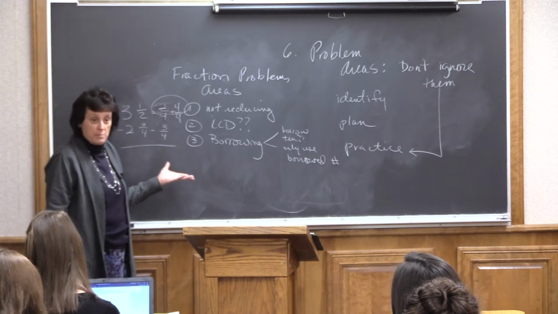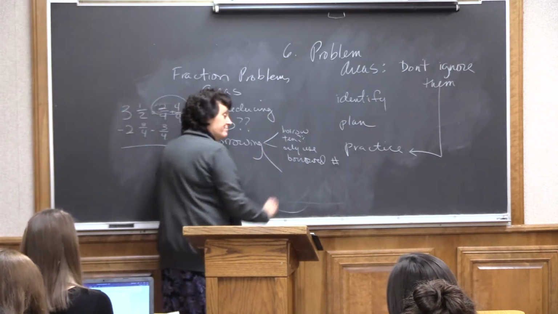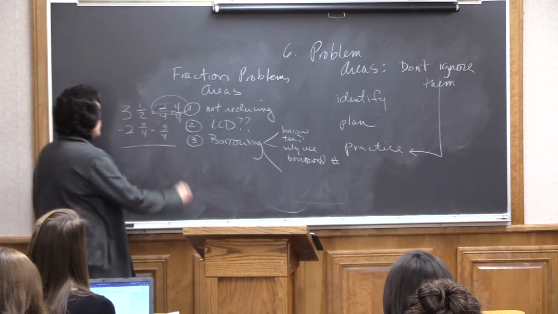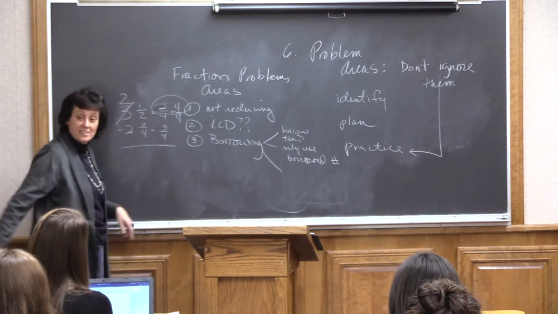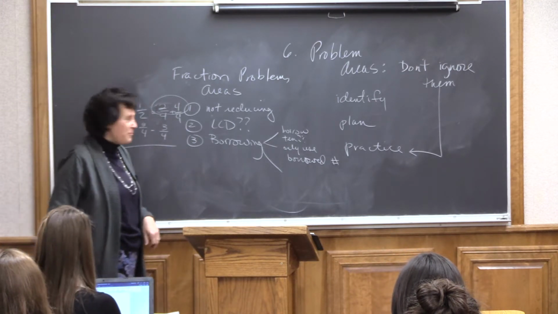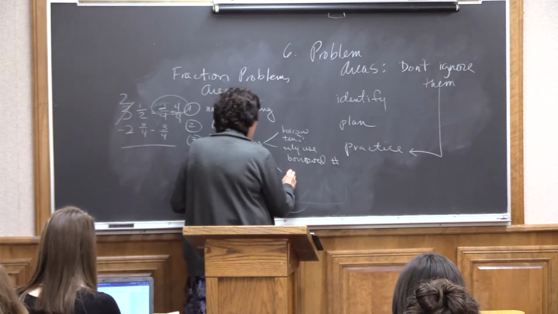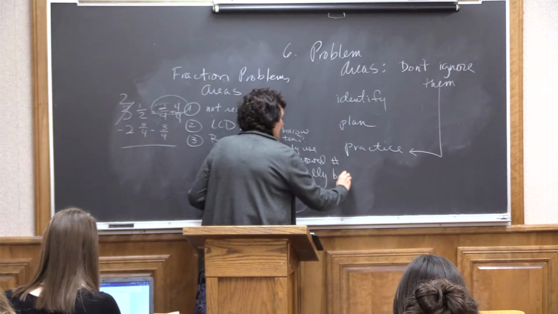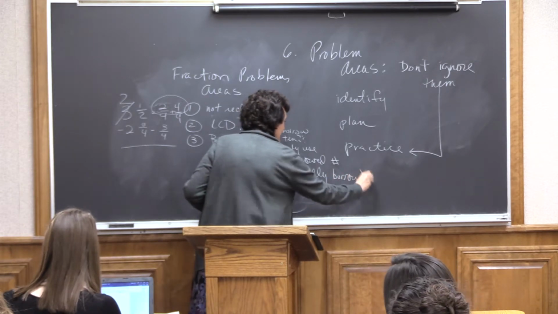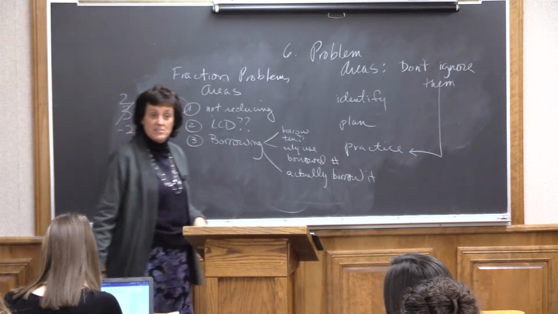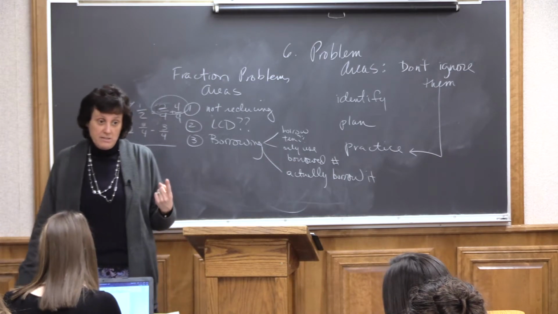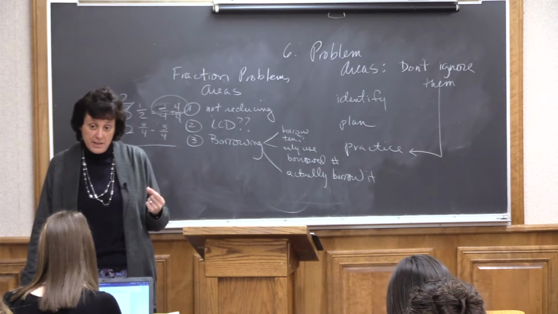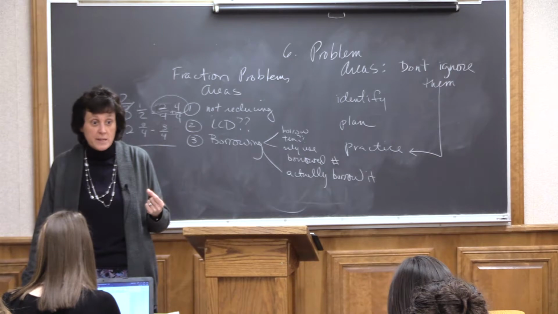So that's another mistake with borrowing. Another mistake, forgetting to take it from the whole number. We'll just throw the 4/4 in there. So we have to actually borrow it. We have to take 1 and put it in terms of the denominator, 4/4.